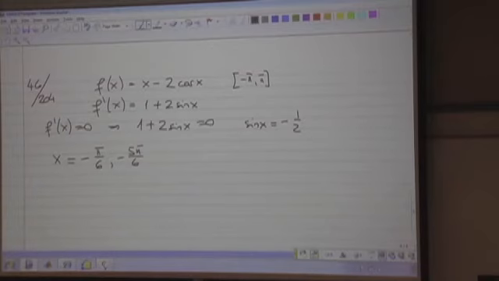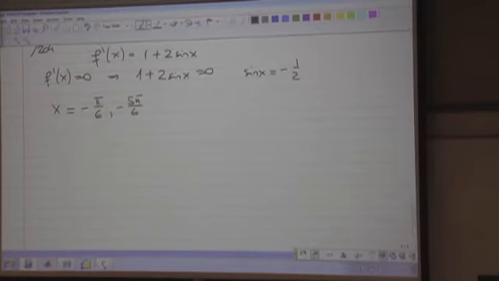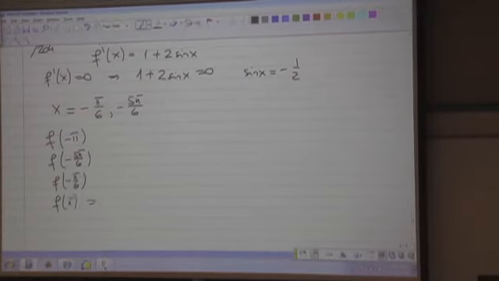Yes? So the points you're looking for are f of minus pi, f of minus 5 pi over 6, f of minus pi over 6, and f of pi. Is this making sense? Do you understand why negative 5 pi over 6 also shows up?